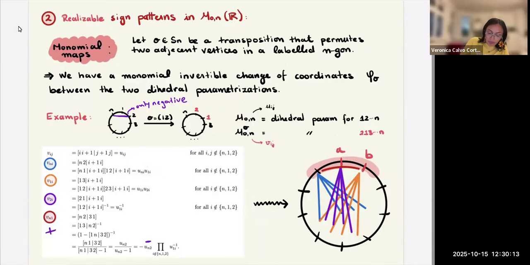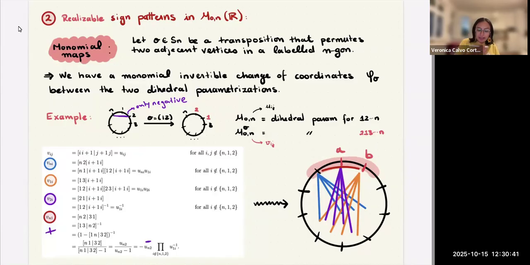Then all of the purple ones will be inverted. And then we have this special red chord that will have this complicated expression, but that we still have some control of the signs with. And it's actually this minus sign here that allows us to eventually get to an all positive sign pattern.